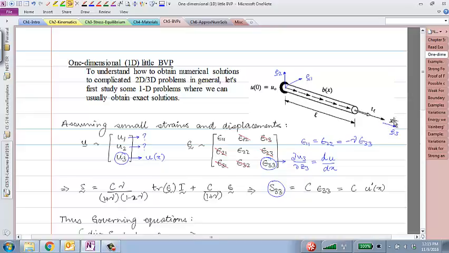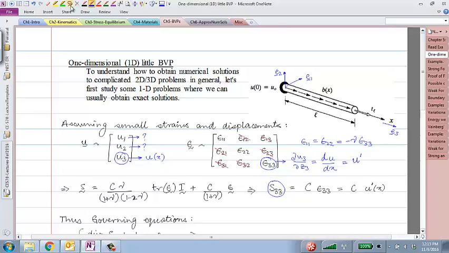The only independent variable in my problem ultimately would be x, and the displacement in the x direction as a function of the position of the point in this direction x. This is the definition of strain, which I will call U prime. So now I'm starting to use some additional notation here. Strain along the length of the bar is given by du dx, which I'm just representing as U prime.